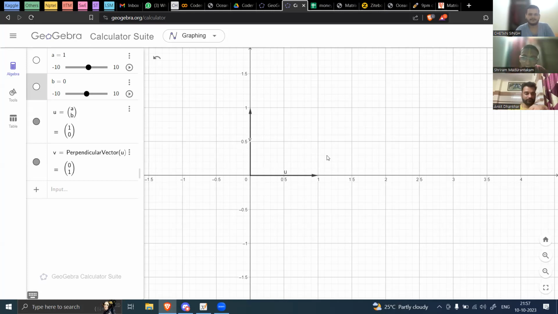X stays constant. Slope you take with reference to the x axis, right? So the slope of the u vector is 0. That is right. The angle between the two is not 0.